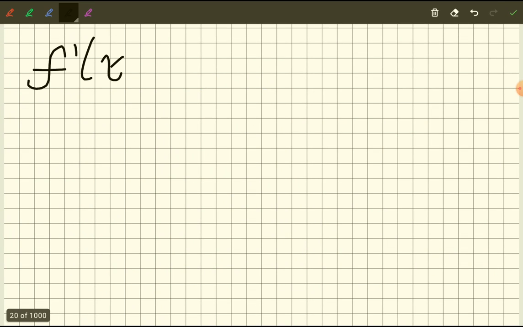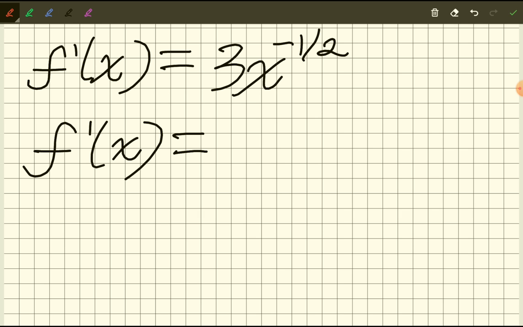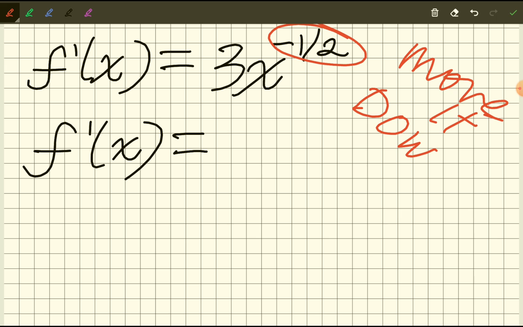So we said this was what we have, 3x to the negative 1/2. I don't know if you guys remember, to eliminate a negative exponent, you can just move it downstairs.